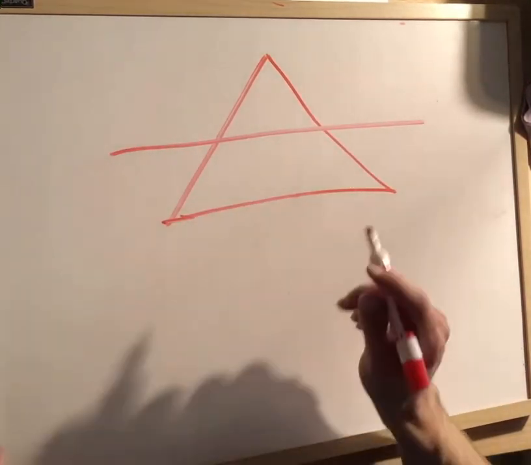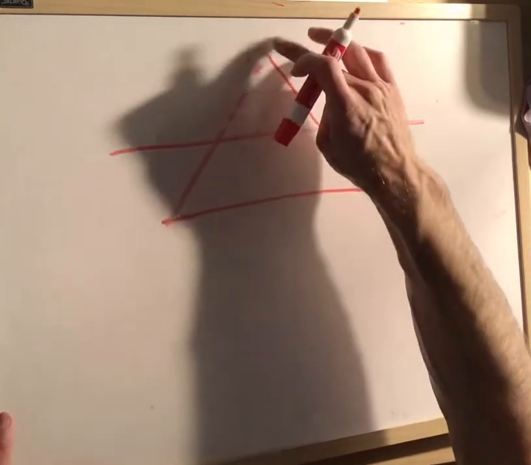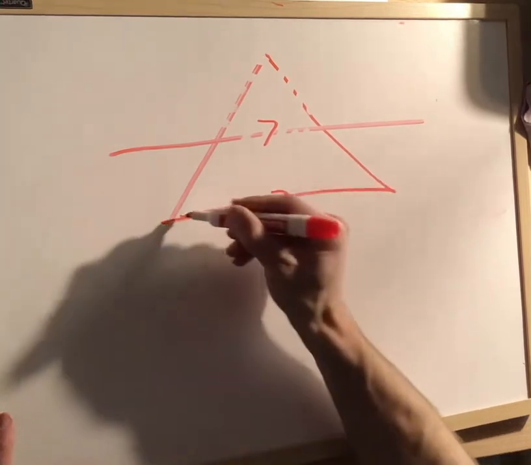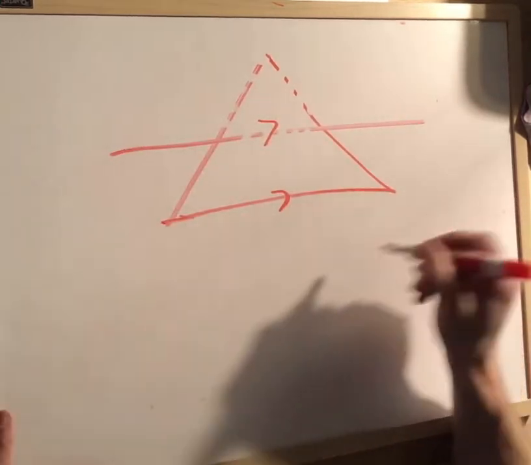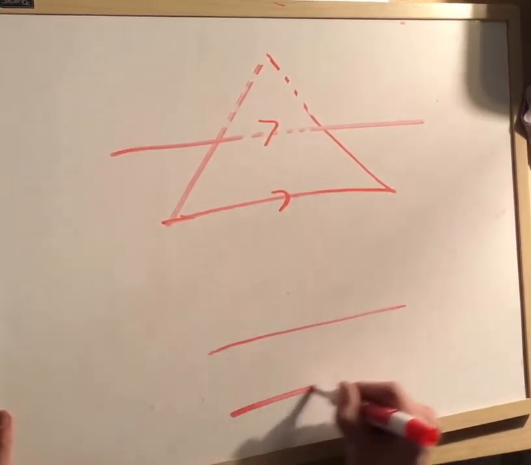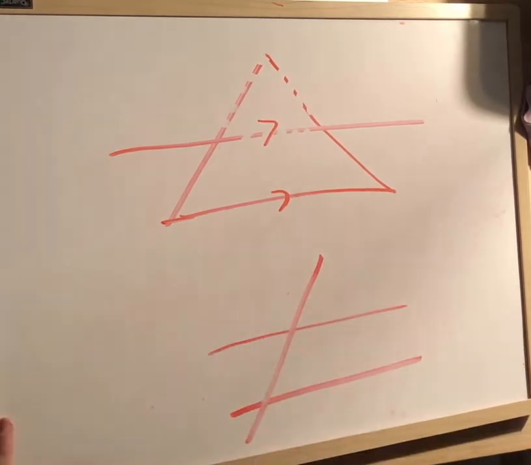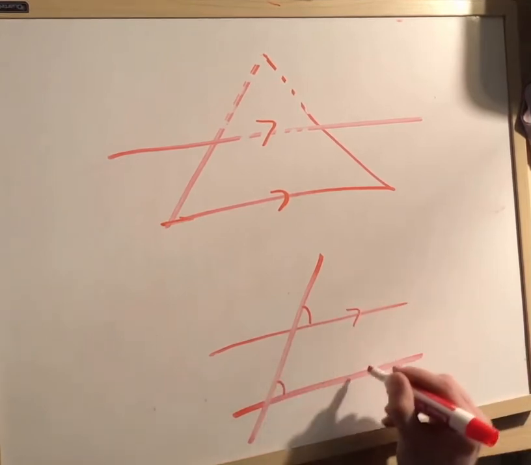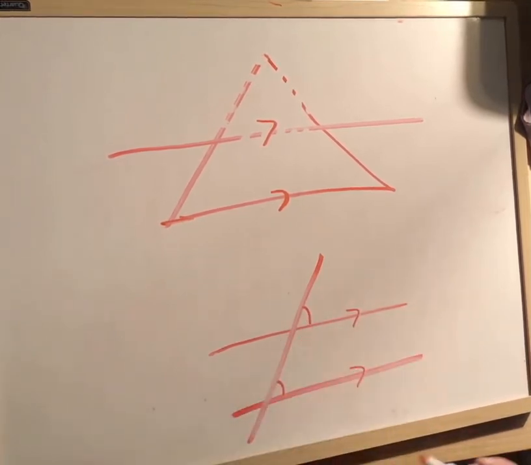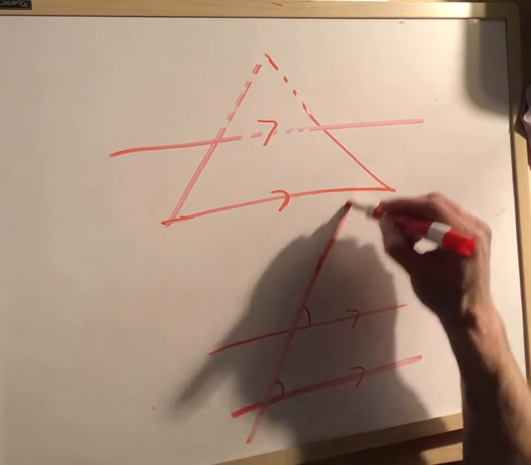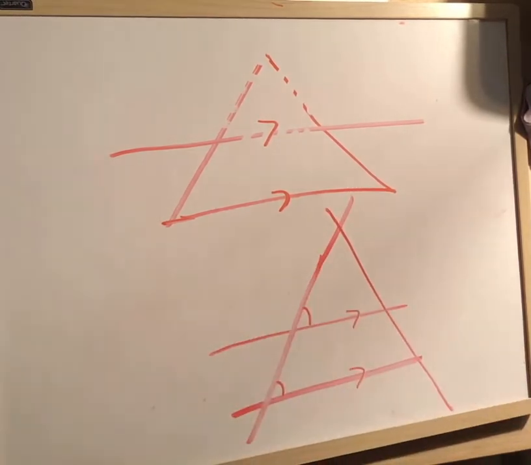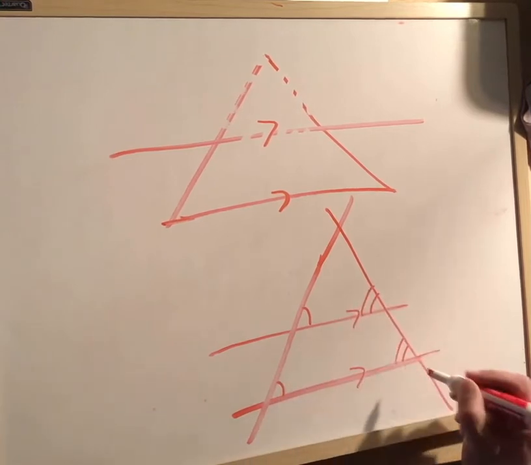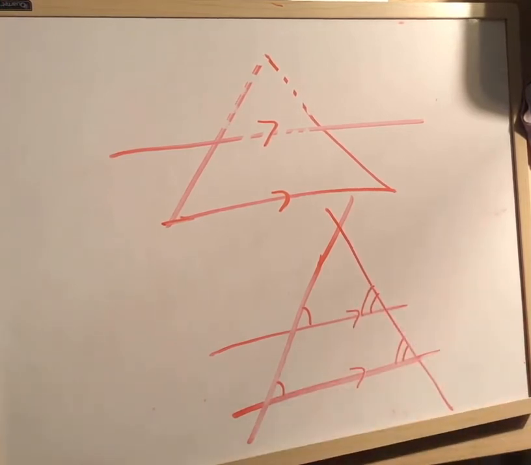And you were taught that this little triangle right here, if these two lines are parallel, is similar to this triangle because look, let's take two parallel lines from last year in Math 1. This angle and this angle are called corresponding angles. If these two lines are parallel, the corresponding angles are congruent. Well, let's extend this up and let's take this other line, a transversal that goes through it. This angle and this angle are called corresponding angles, and they're the same.